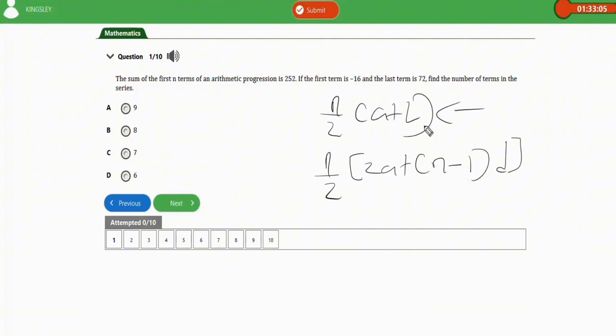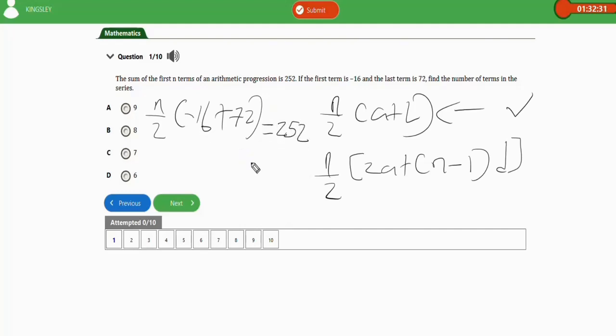For this question, the last term is given. This shows us that we are going to make use of this formula. We are looking for the value of n. So this is going to give us n over 2 (the first term is minus 16, plus the last term is 72) equals the sum, 252.